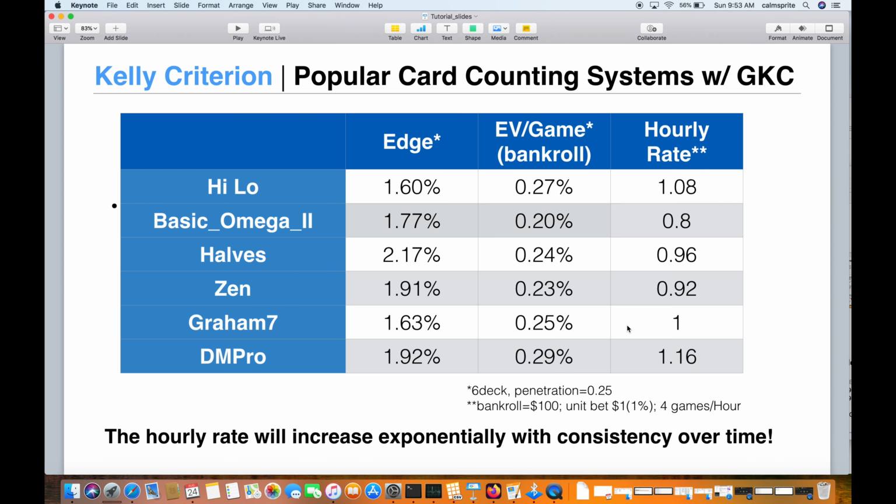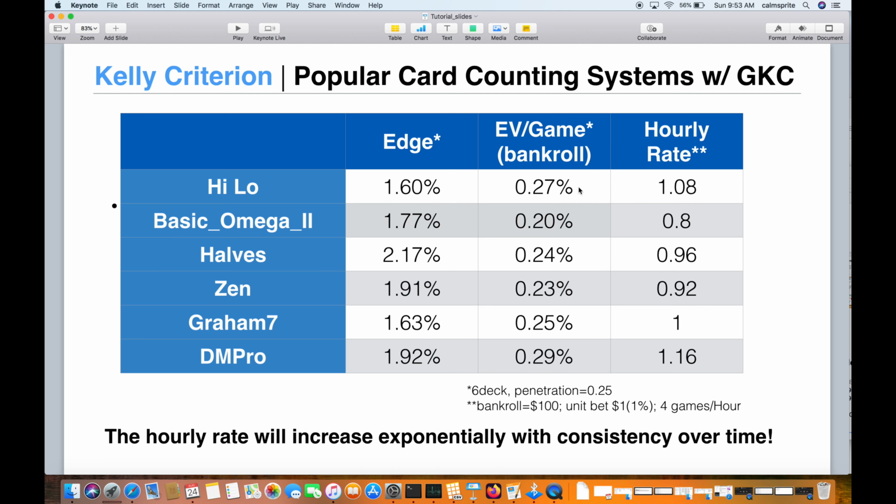This slide summarizes the player's edge, expected value, and hourly rate of a game for high-low, Omega 2, halves, Zen, Gram 7, and DM Pro, assuming $100 bankroll and 4 games per hour. All have significant player edge, from 1.6% to 2.17%.